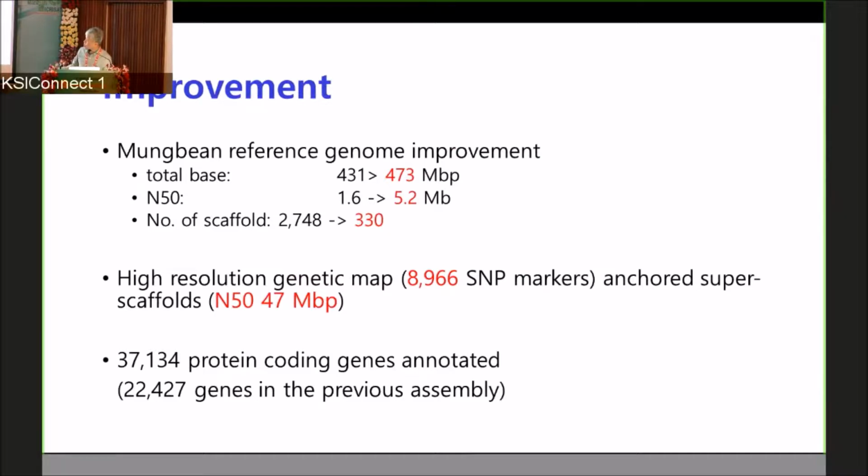A high-resolution genetic map was built, and we were also able to identify about 37,000 protein coding genes in this new reference genome sequence data.